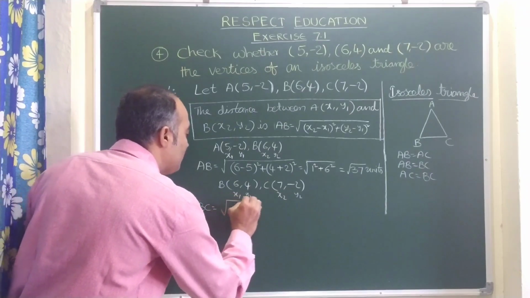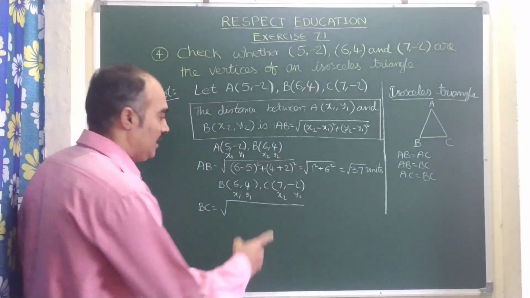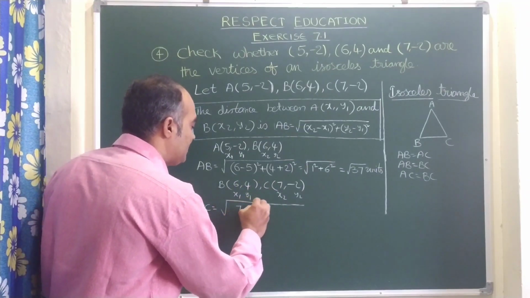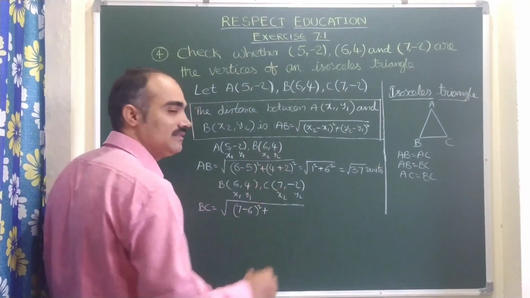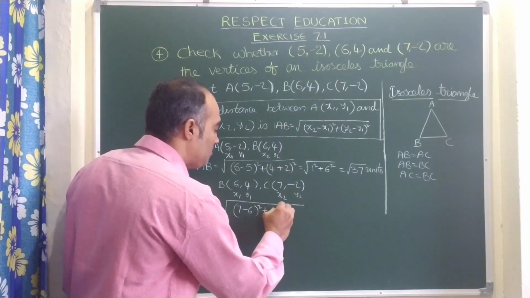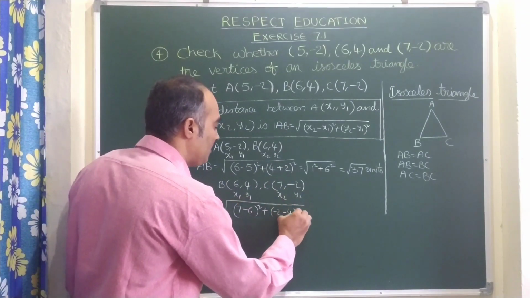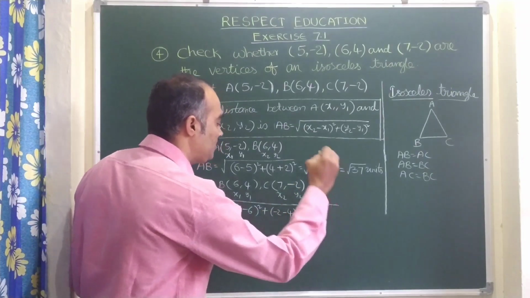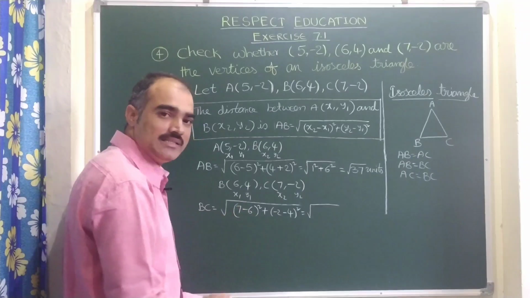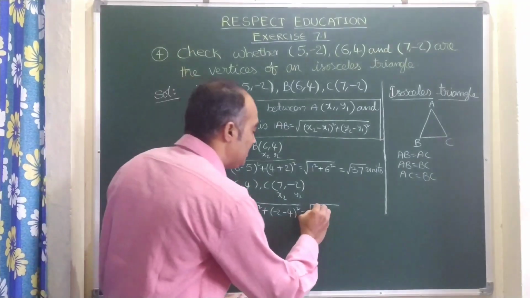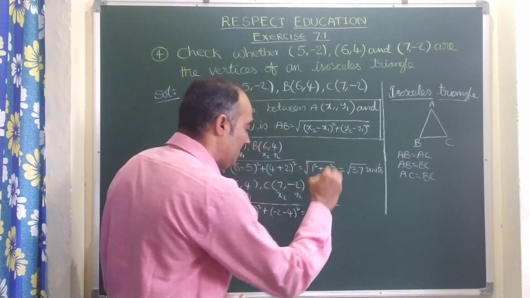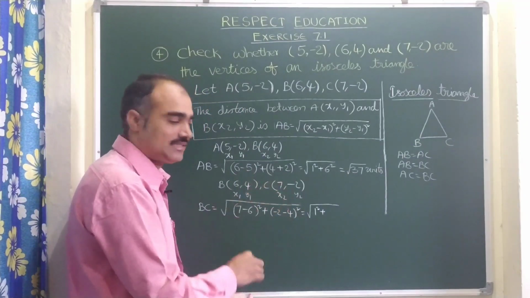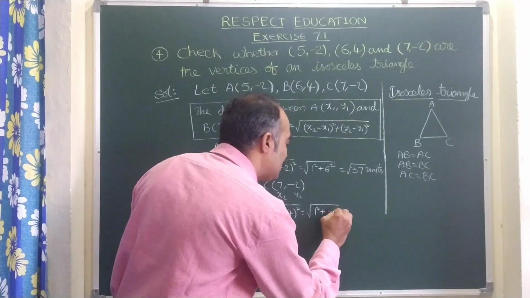BC is equal to the same under root x2 minus x1, which means 7 minus 6 whole square plus y2, which is minus 2, minus y1, which is 4. So minus 2 minus 4 whole square is equal to under root, 7 minus 6 is 1, so it is 1 square plus minus 2 minus 4 is minus 6, so that is minus 6 whole square.